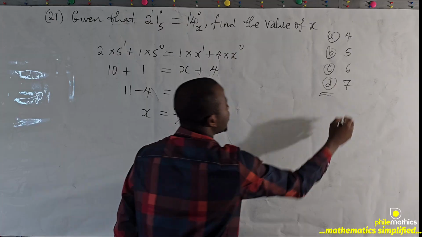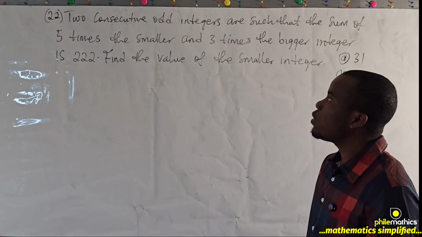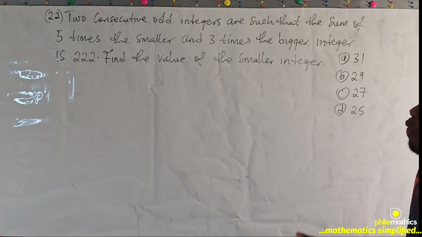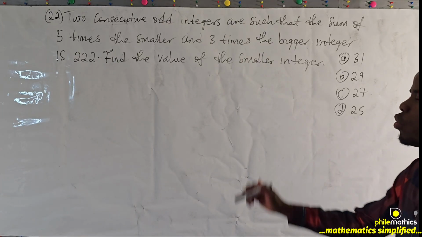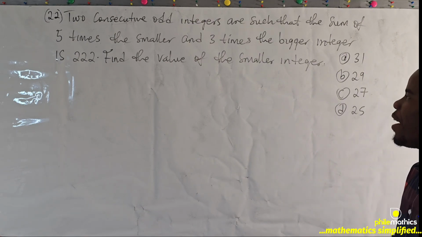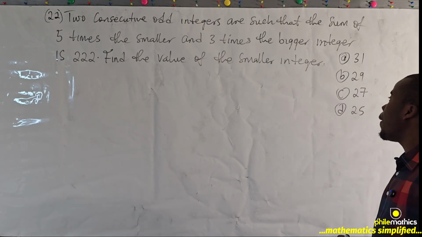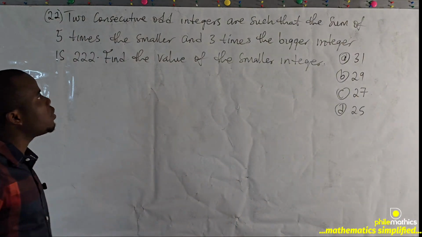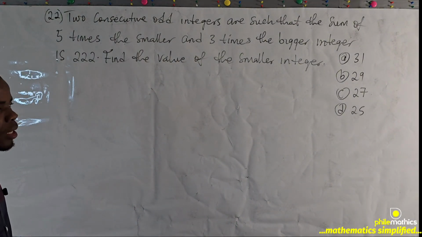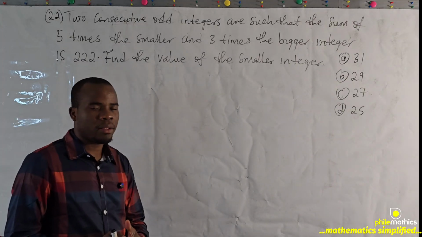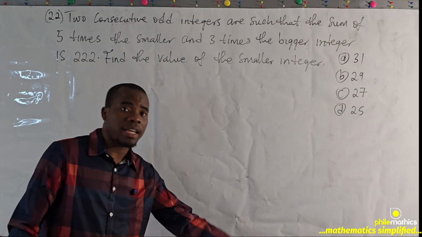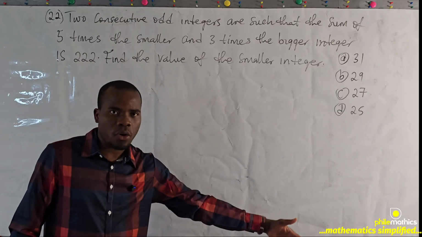And that is 7. Two consecutive odd integers are such that the sum of 5 times the smaller and 3 times the bigger integer is 222. Find the value of the smaller integer. So when we talk about consecutive odd integers, two integers that are close by, for instance, 3 is an odd integer, 5 is an odd integer, 7 is an odd integer.